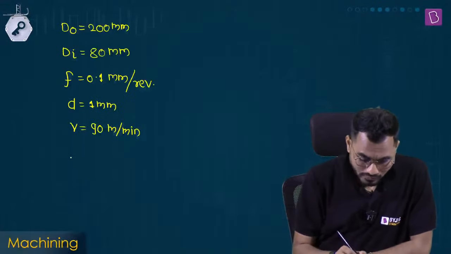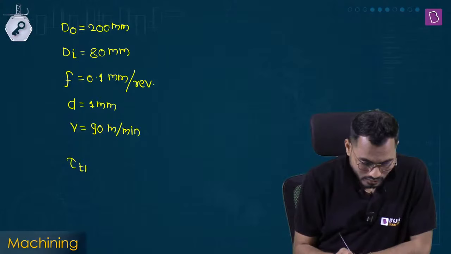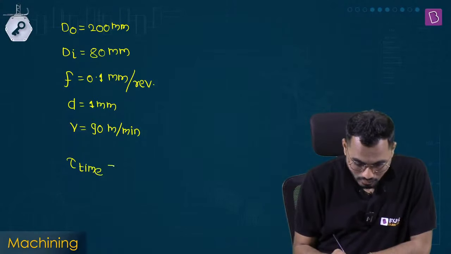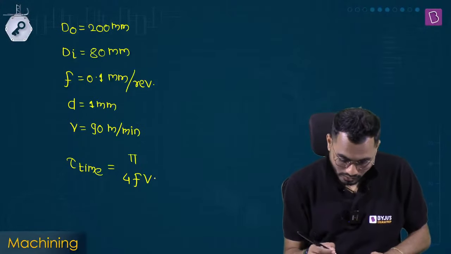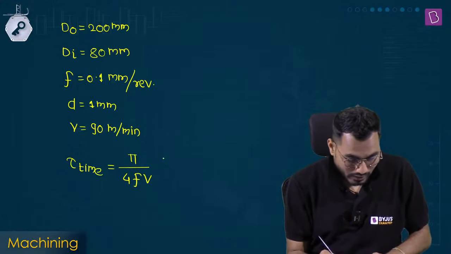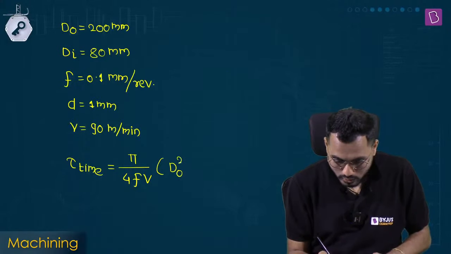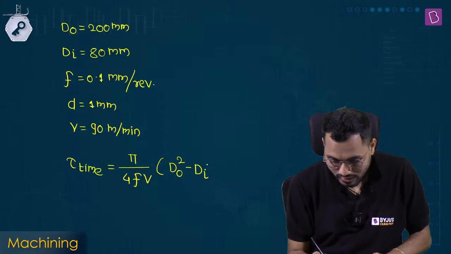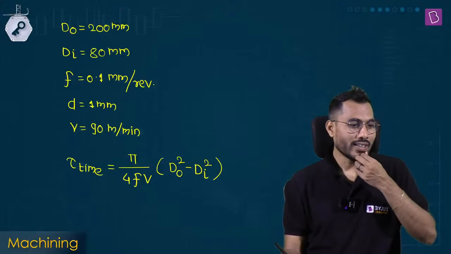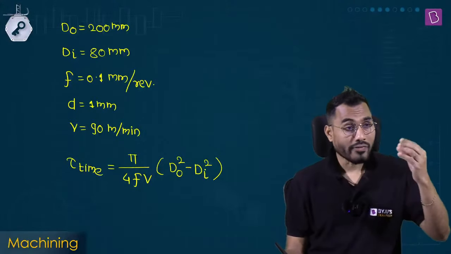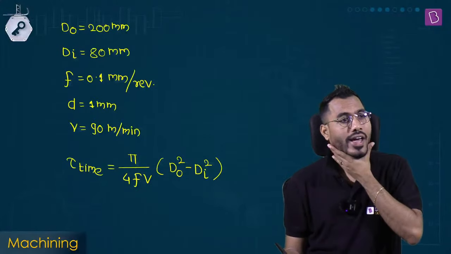And what is the formula? Machining time is equal to pi divided by 4 into F into V, multiplied by D outside square minus D inside square. This is the formula developed. Kiran and Rajat, absolutely correct.